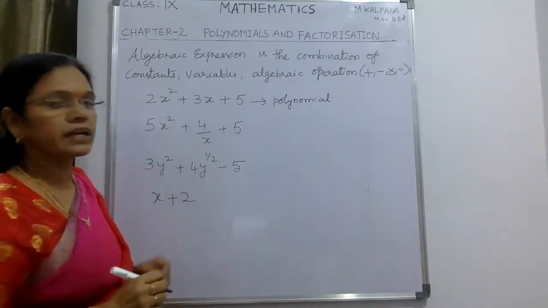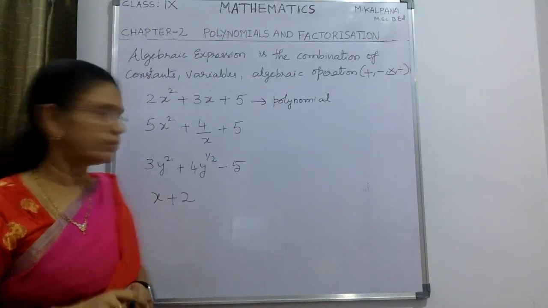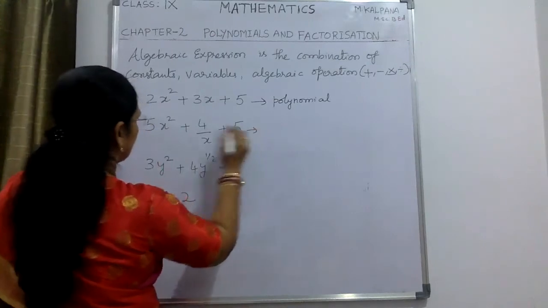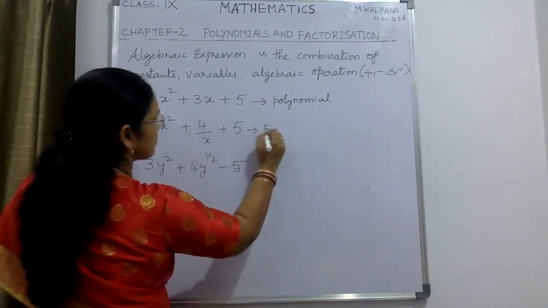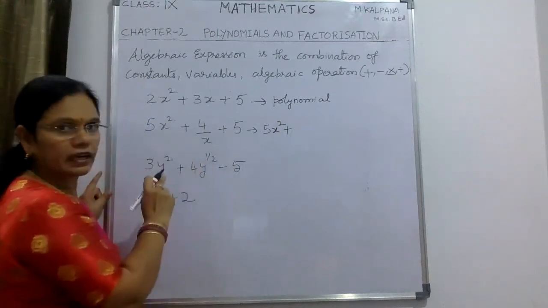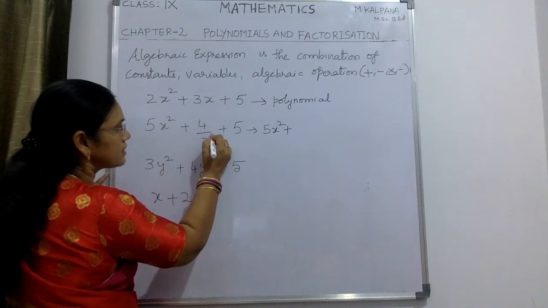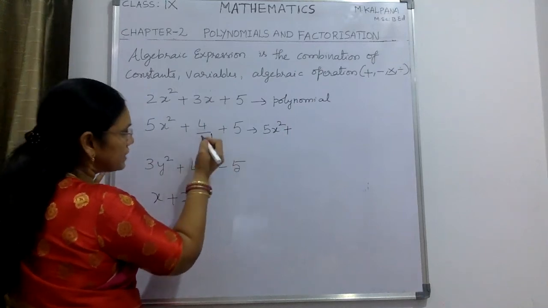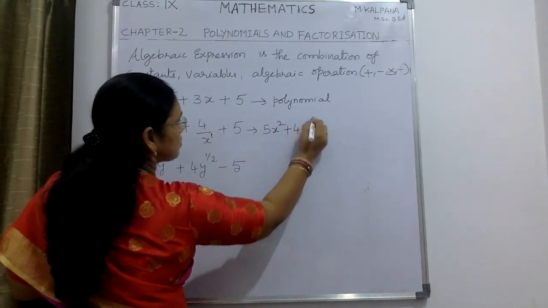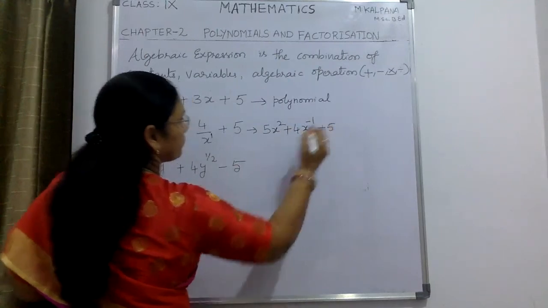Then what about the second expression, children? If you rearrange it, what happens? This is 5x square. If you bring the denominator to the numerator, the exponent of x is 1. If you bring this x to the numerator, what happens? 4x to the power of minus 1 plus 5.